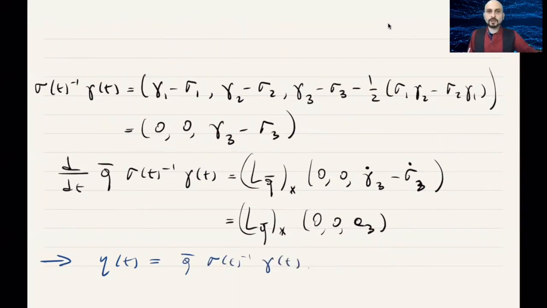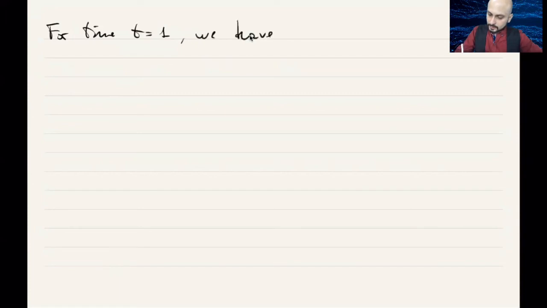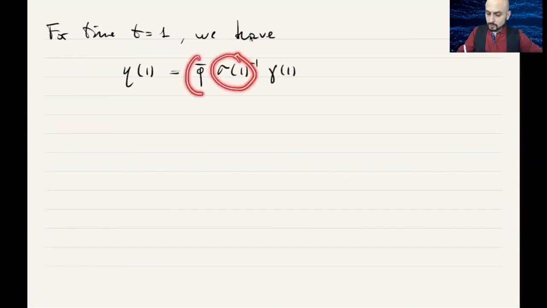Okay, let's see what we can deduce from this formula now. For time t equal to 1, we have that eta 1 is equal to q bar to the minus 1 times gamma 1. Sigma 1 was by definition equal to q bar, so this is the identity, and this was p. In other words, the picture that I drew before was correct.